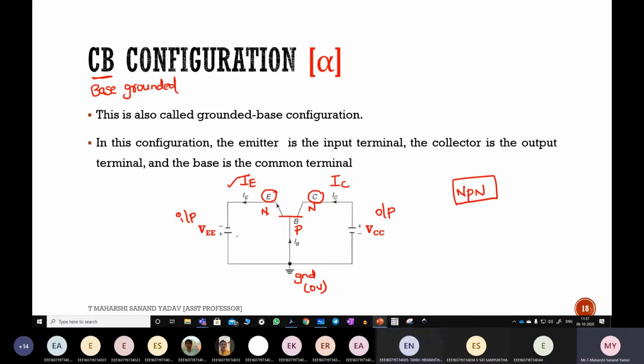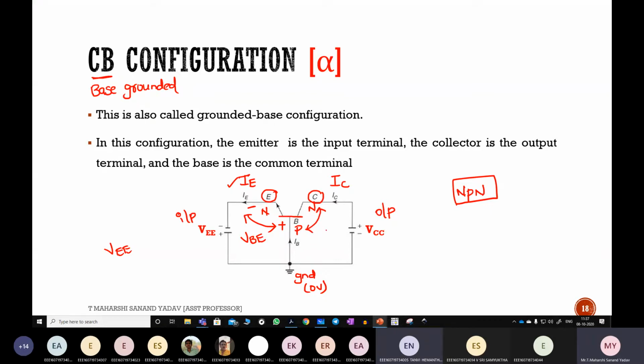VEE. Base is connected to positive and emitter is connected to negative. How should I take it, VBE or VEB? VBE.